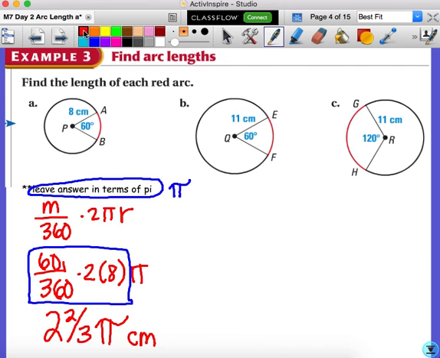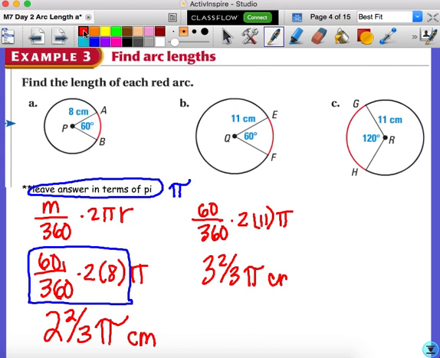For picture B, we again have 60 out of 360 times 2 times 11 times pi. So 60 out of 360 times 2 times 11 is 3 2/3 pi centimeters.